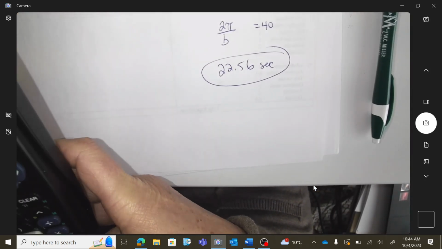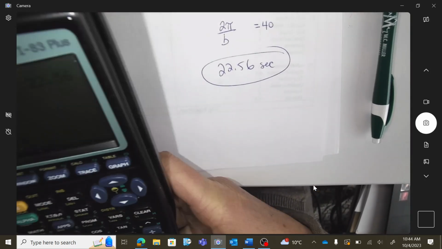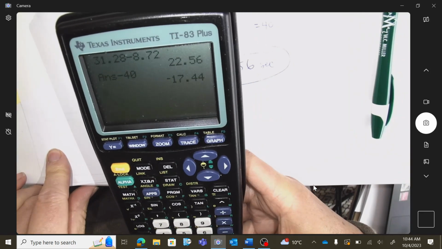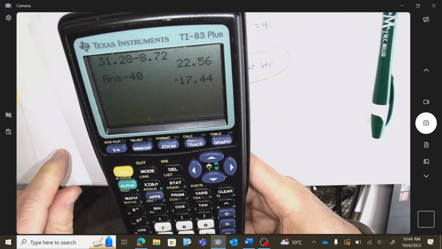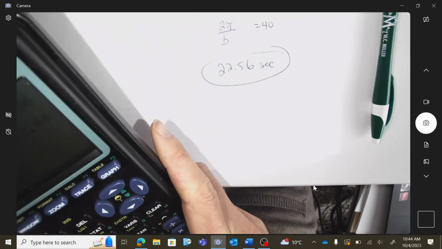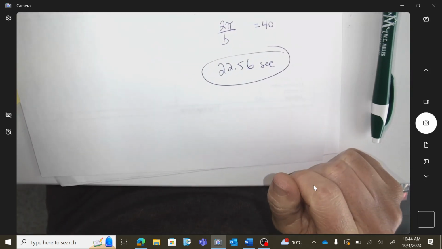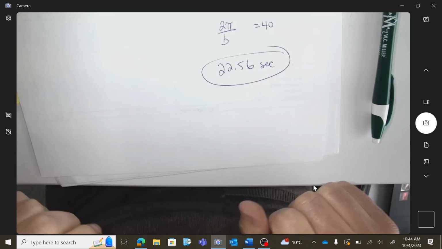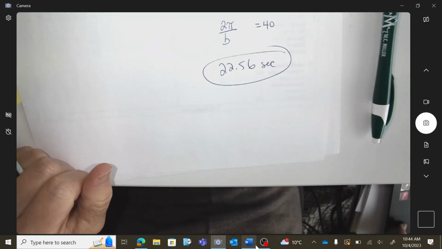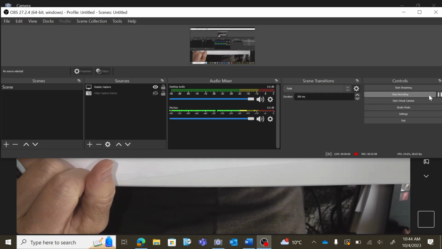Quickly, if I wanted to see how long they're in the water, that would be 17.44 seconds that they're under on a cycle. Every cycle they spend 22.56 out and 17.44 in. Okay, that's it.